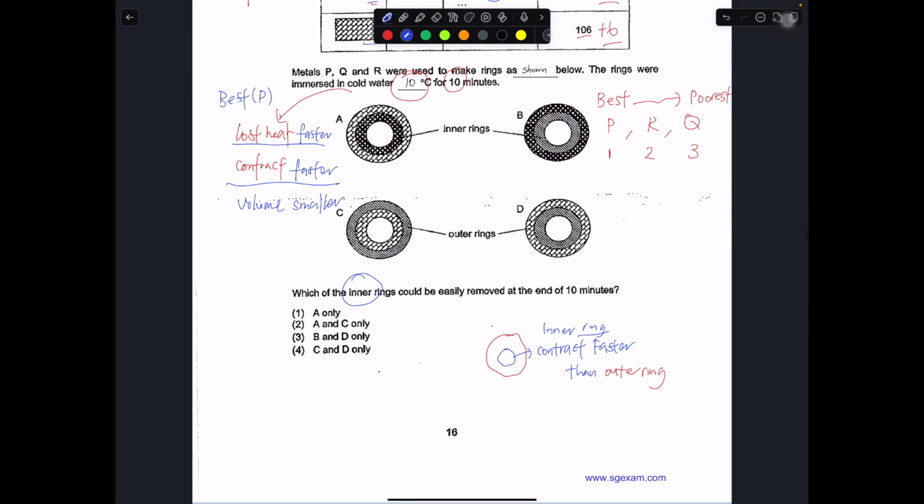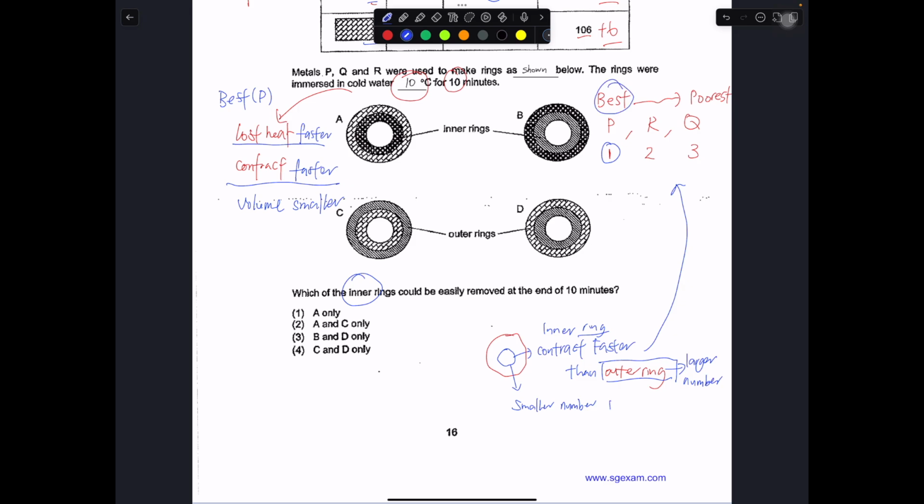So if I look at this based on the numbers that I assigned, that means the inner ring must be a smaller number than the outer ring. The outer ring should be a larger number, based on the code that I assigned.